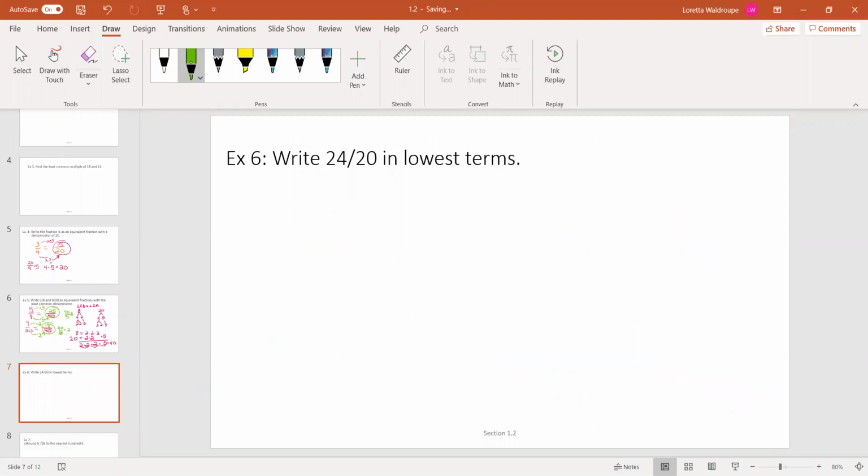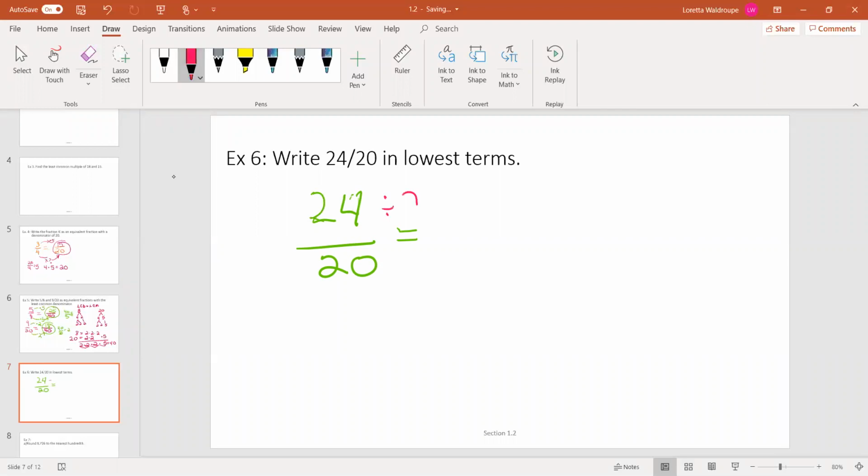Okay? So how do I take a fraction and reduce it? There's different ways you can do this. Some people will just look at it and say, what is 24 and 20 both divisible by? So, you know, you might look and say they're both divisible by 2.